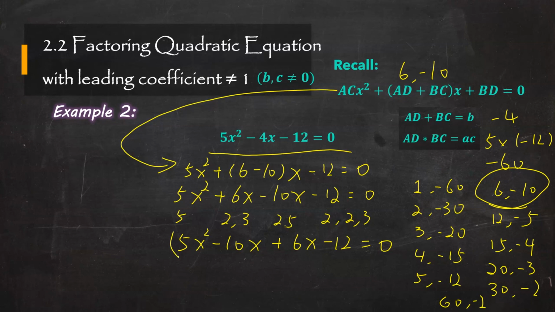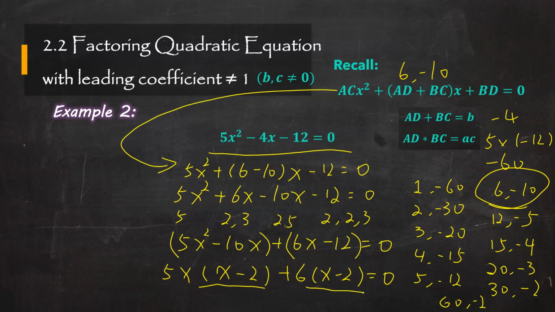And then we regroup them like that. Okay, so for the first parentheses, I can pull out 5x. So now we have x minus 2 in the parentheses, and for the second group, we can factor out 6. So now we have 6 times x minus 2 equals 0. So now we can factor out the same x minus 2.